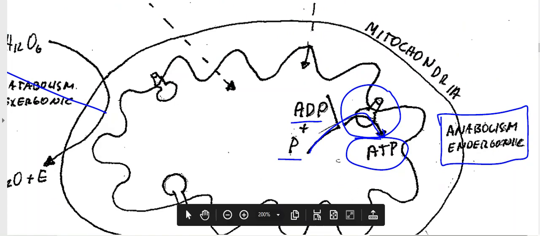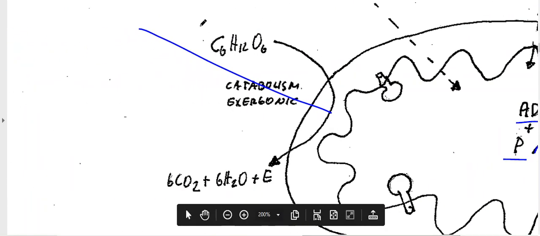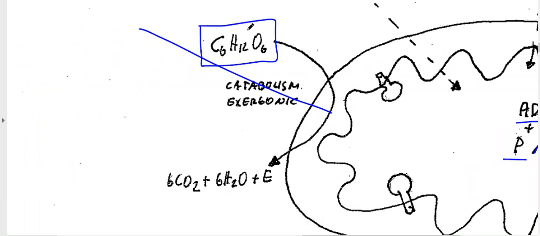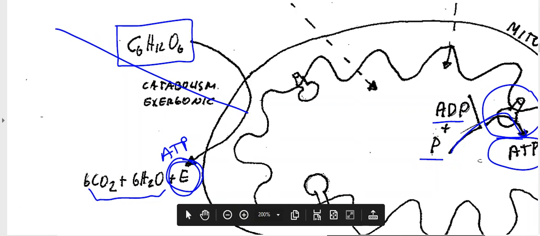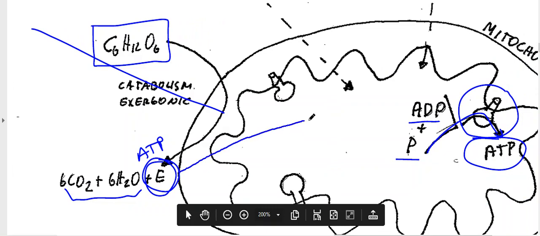Well, we've kind of already talked about it. You burn glucose. You have a high energy glucose molecule that you break into lower energy products. And in doing so, you release ATP, or you synthesize ATP. This energy is the source of the energy, at least some of it, because your body needs some of it.